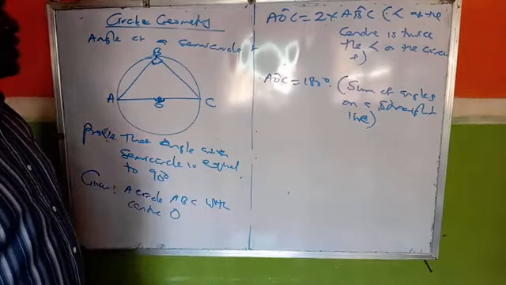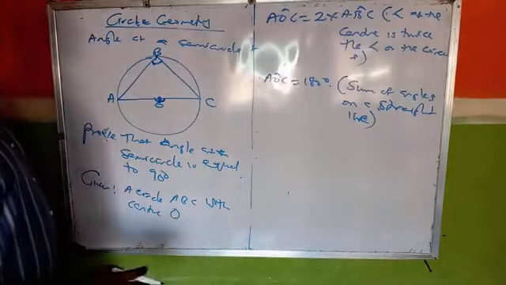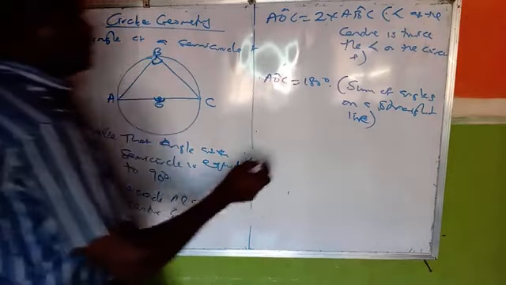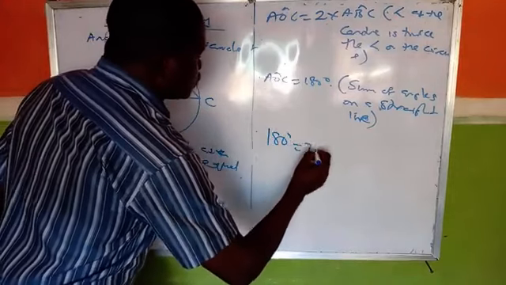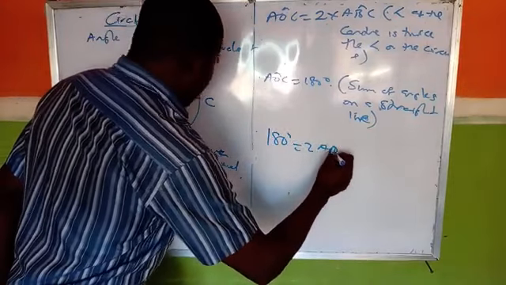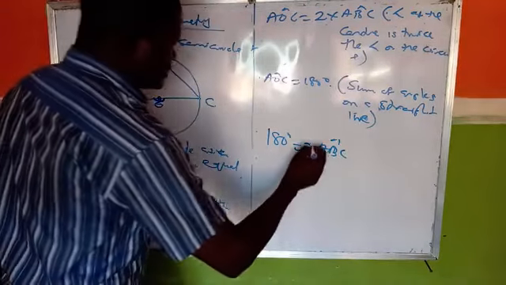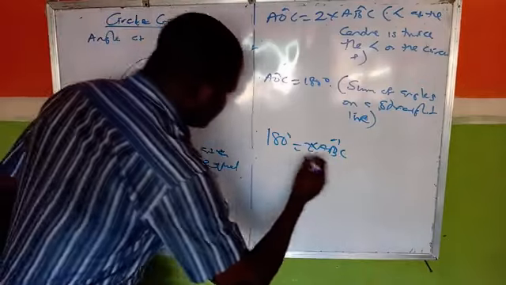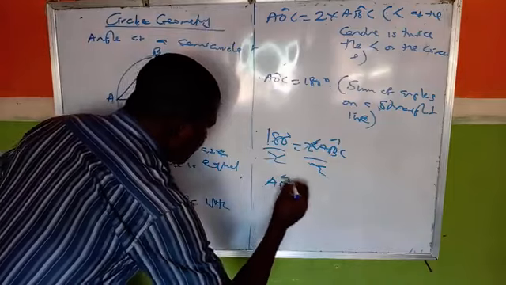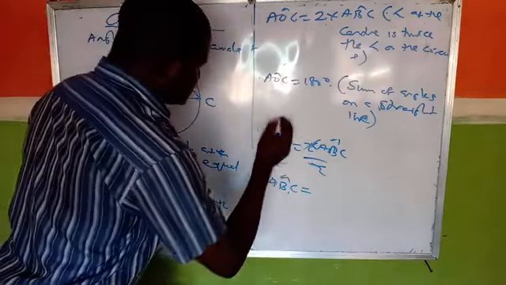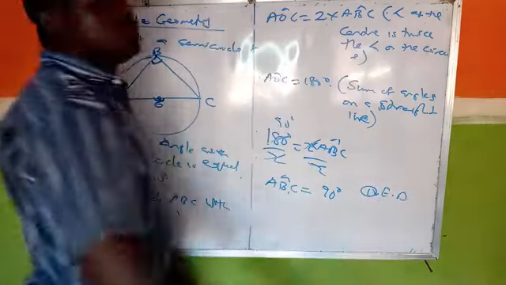Therefore, since AOC is 180, which is the angle at the center, you substitute this 180, then you have 180 degrees equal to 2 times ABC. So you can divide both sides by 2. Then you will have ABC equal to 90 degrees. So you have proved it.